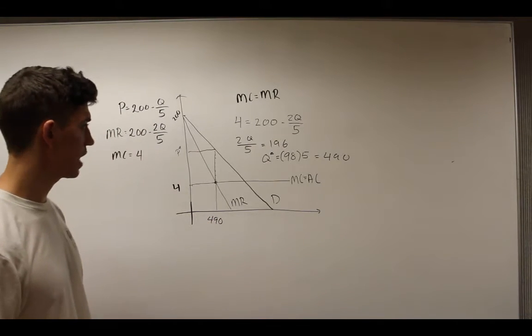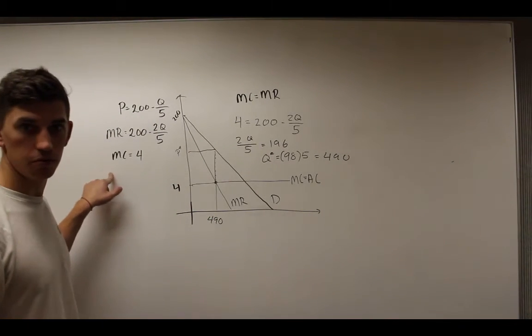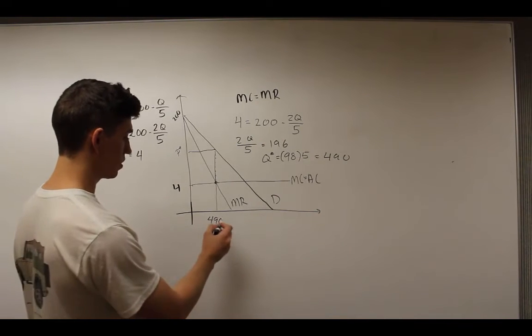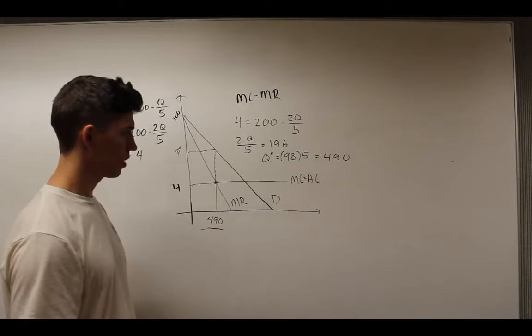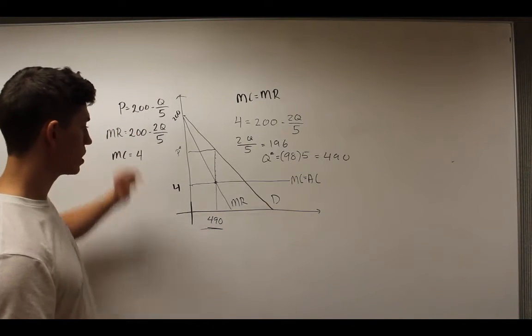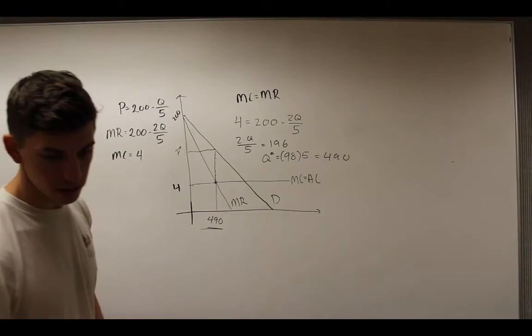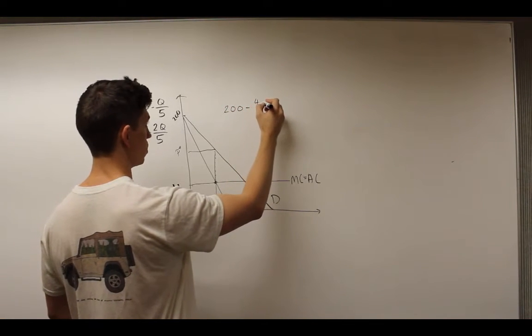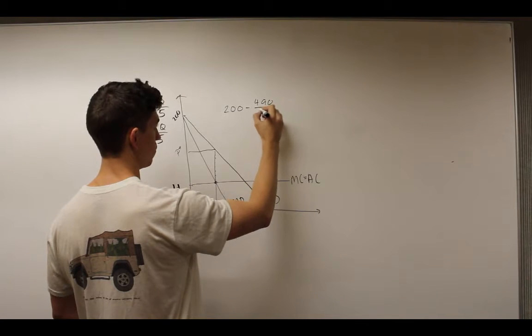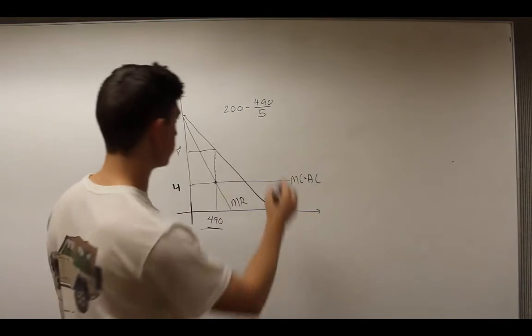Okay, and remember we just did that by setting marginal revenue equals marginal cost. And that gives us this optimal quantity. And like I said before, we take this quantity Q star, we plug it back into the demand function to find out what that price is. 200 minus 490 over 5, 102 it looks like.